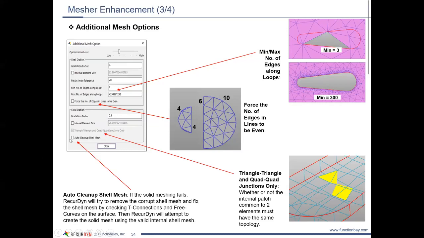By checking this auto cleanup, if the solid meshing fails, then RecurDyn will get rid of that corrupt shell mesh and fix it, checking things like the free curves and the T connections, which is a good way to check for redundant conditions and so forth. Then we'll try to redo the generation of the solid mesh using the shell mesh, so that's another new option.